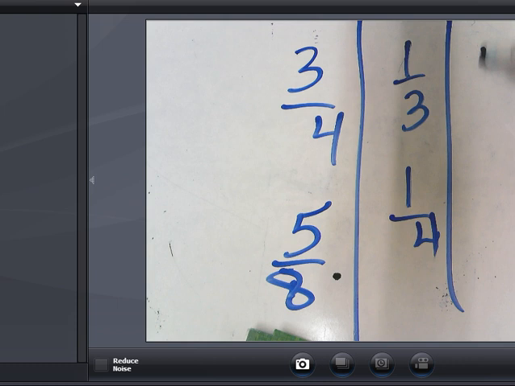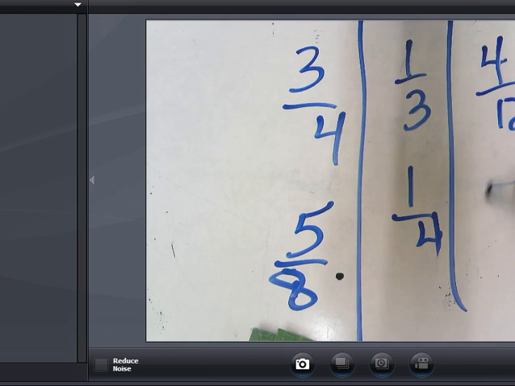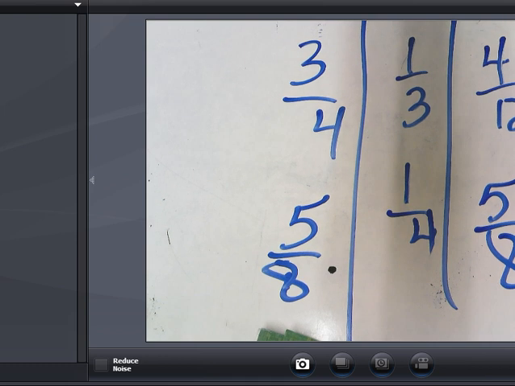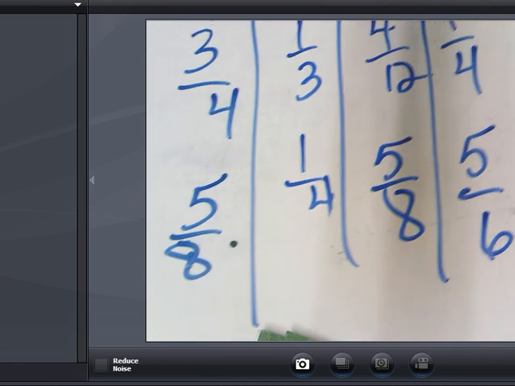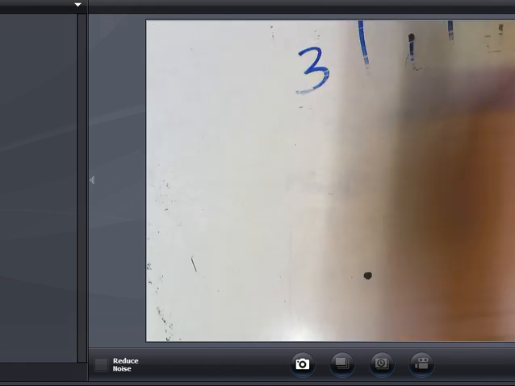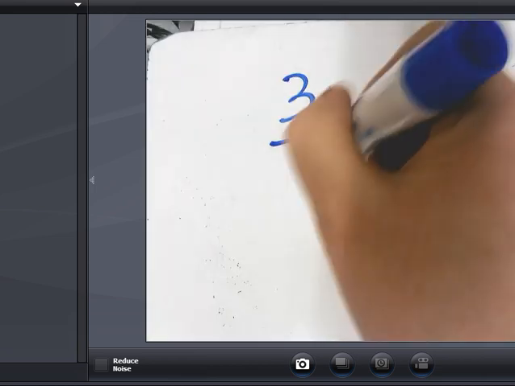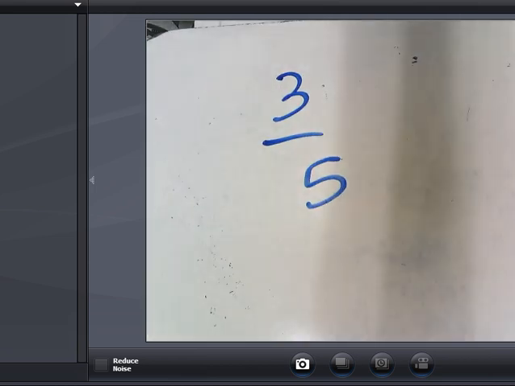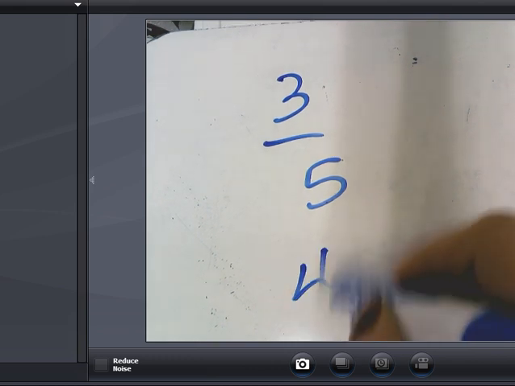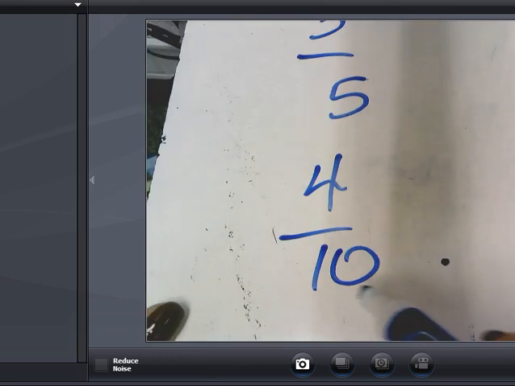Find the common denominator for 4 twelfths and 5 eighths, 1 fourth and 5 sixths, 3 fifths and 4 tenths.